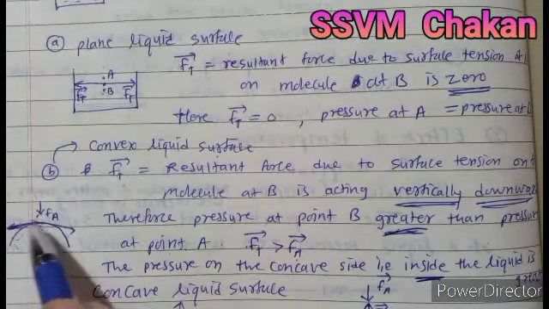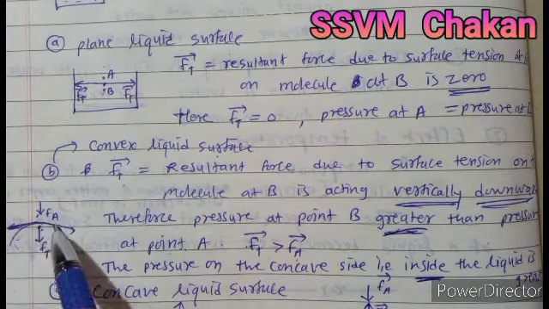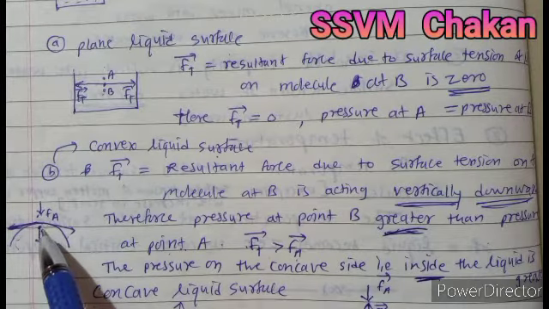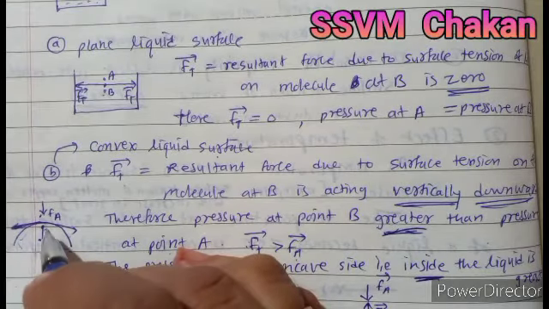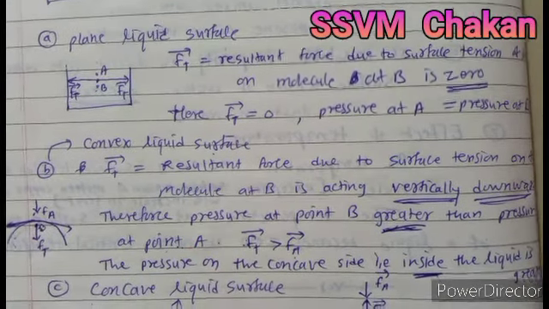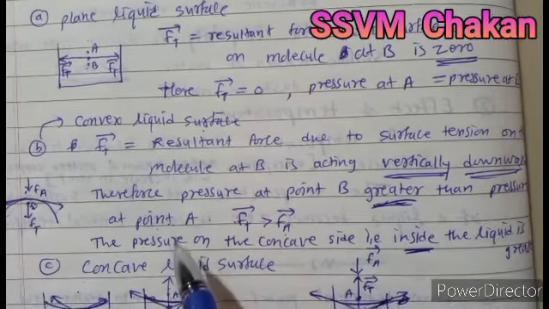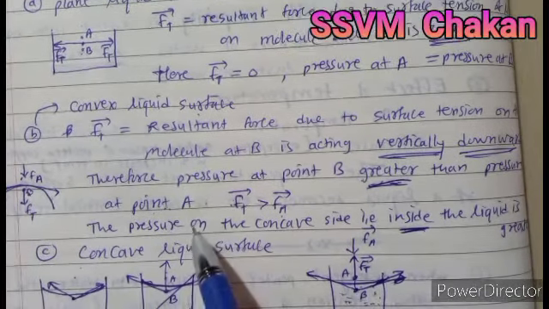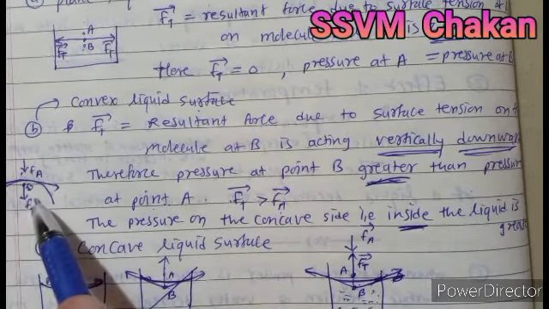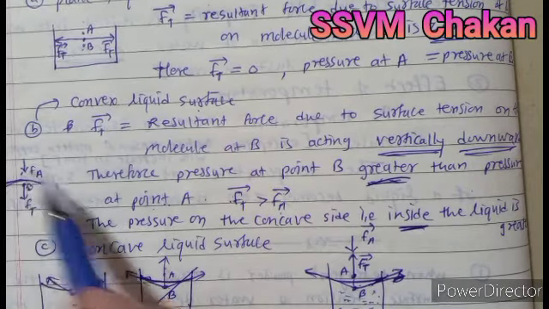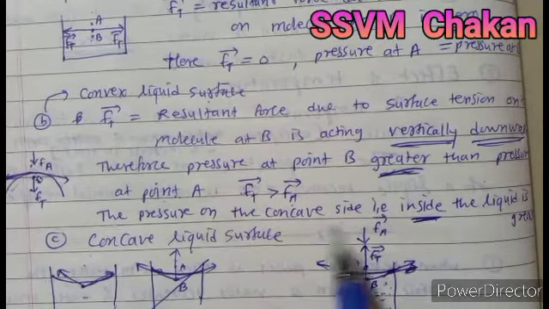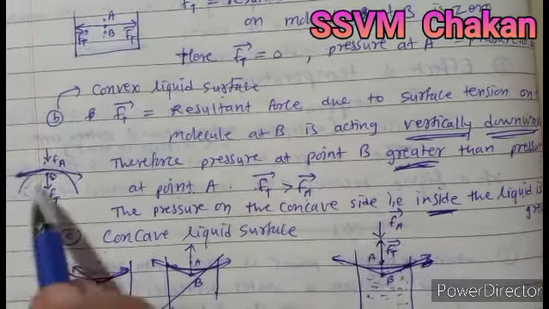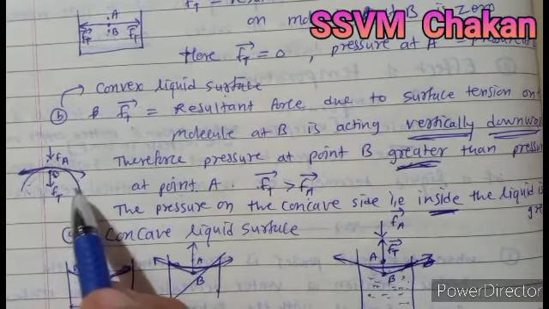So because of this, the surface tension applies a force on molecule B which is in downward direction. As a force acts in downward direction, pressure at B is greater than the pressure at A. The pressure on the concave side, that is inside the liquid, is greater, and therefore the liquid surface takes a convex shape.